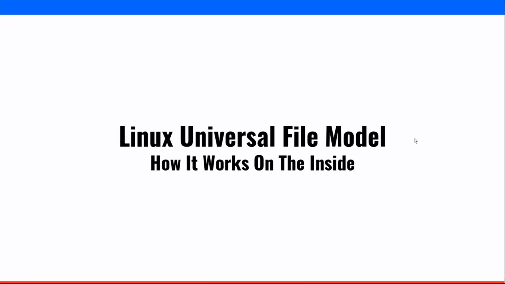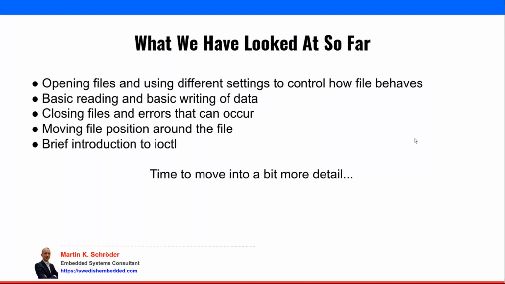And we're going to dive deeper into this I/O model and cover in a little more detail how it actually works underneath the top layer, which you usually interact with. So we covered opening files, basic reading and writing, closing files, moving the file position around the file, and a brief introduction to IOCTL.